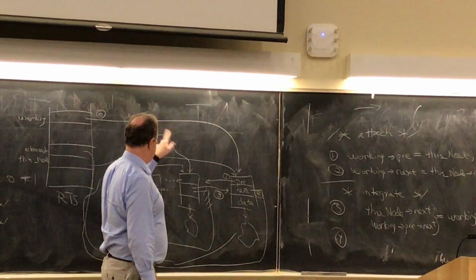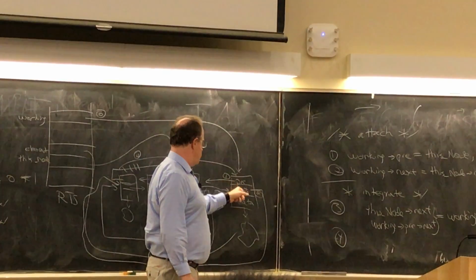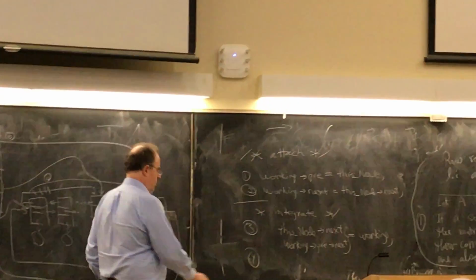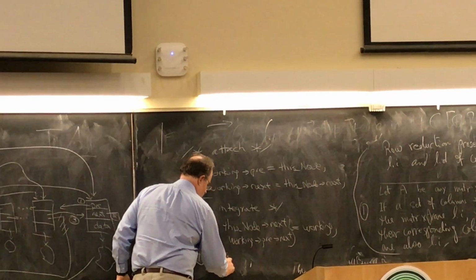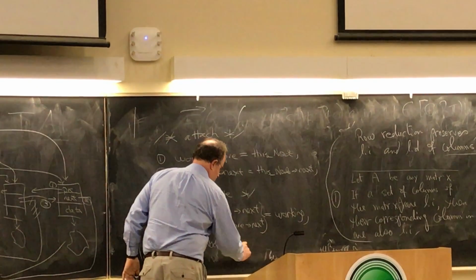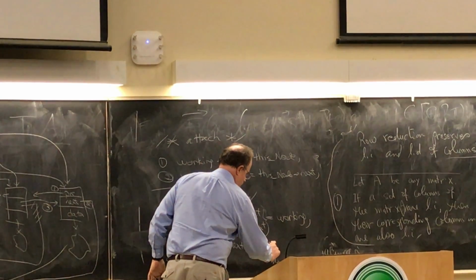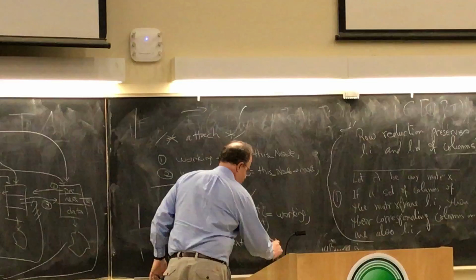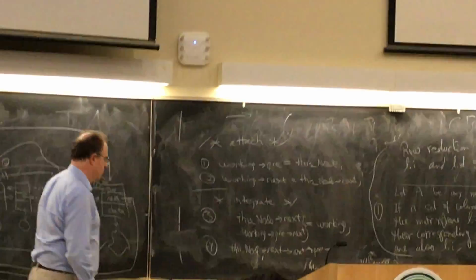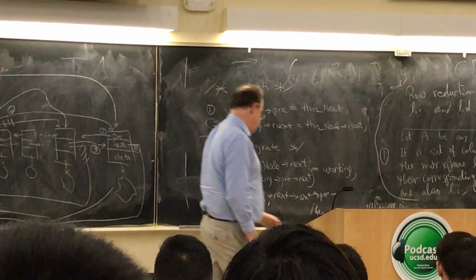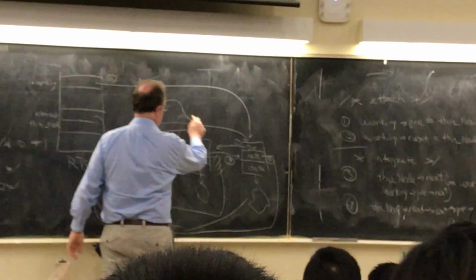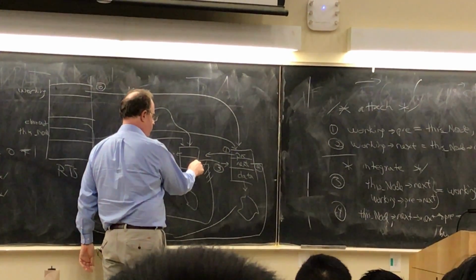So it would be this node, arrow, next, arrow, pre. Do we have 2 minutes? This node, we follow this arrow here, and we updated this pointer.